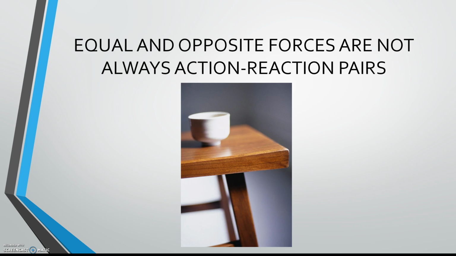So when we consider action-reaction pairs, what we need to remember is that we identify the interacting objects, which we could just call A and B. And if A is reacting with B, B must also be reacting with A. Just identify interacting objects, and if the action is A on B, then there has to be a reaction of B on A.